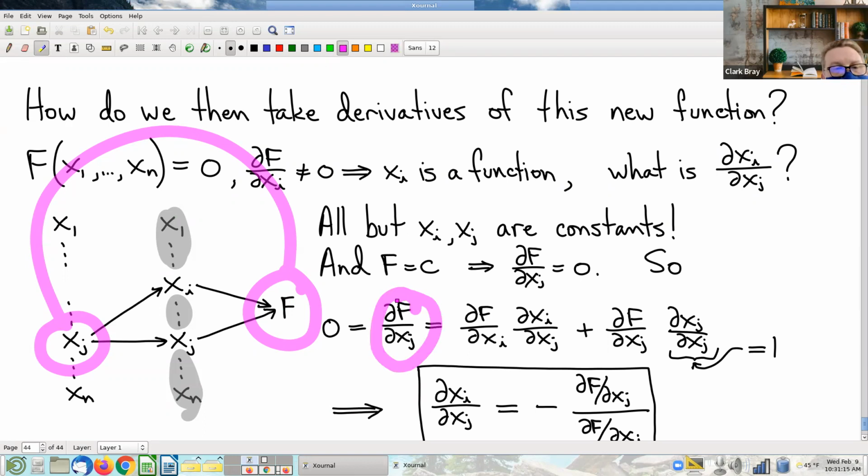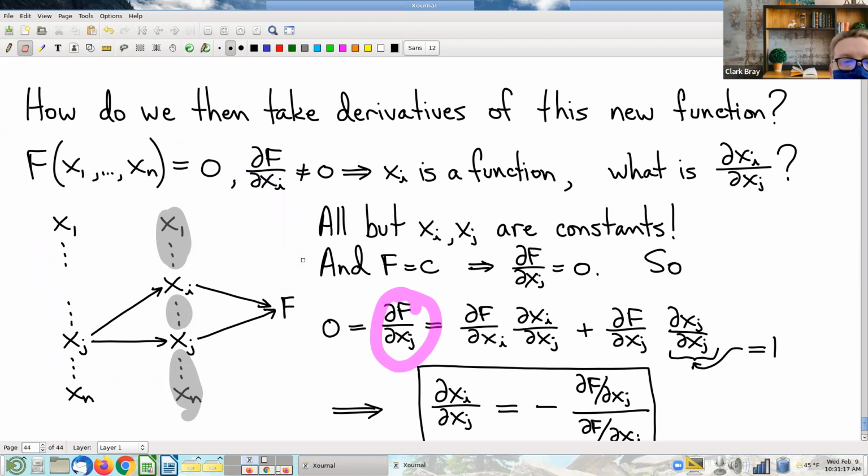Well, there are 2 intermediate variables. In some sense, initially, there's a bunch of intermediate variables. But the thing is, they're mostly constants, right? All of these paths that I'm talking about here, no changes can propagate through those paths. We're holding all those gray intermediate variables constant because we're taking a partial derivative.